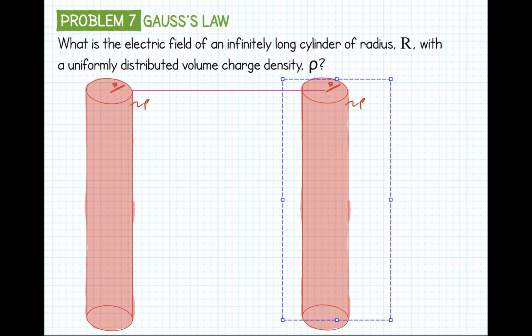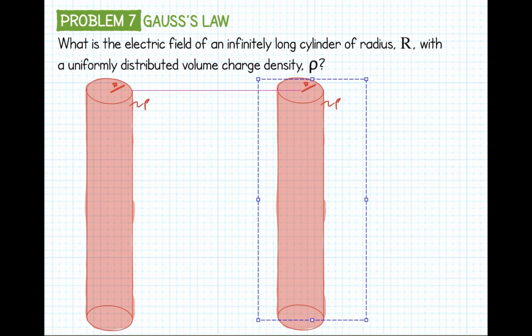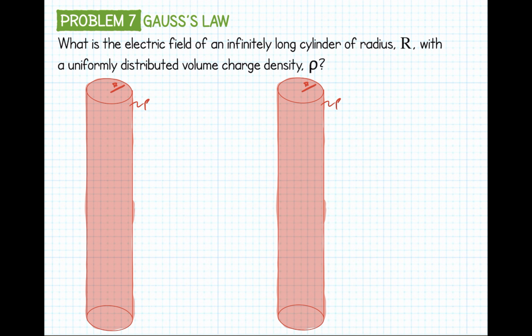Once because we want to calculate the electric field inside, and once because we want to calculate the electric field outside. So this will be 2 separate Gauss's law problems.